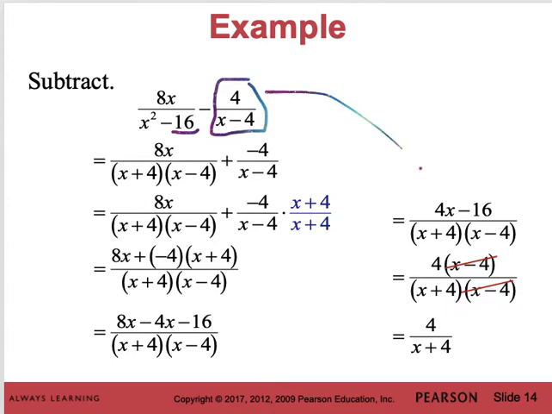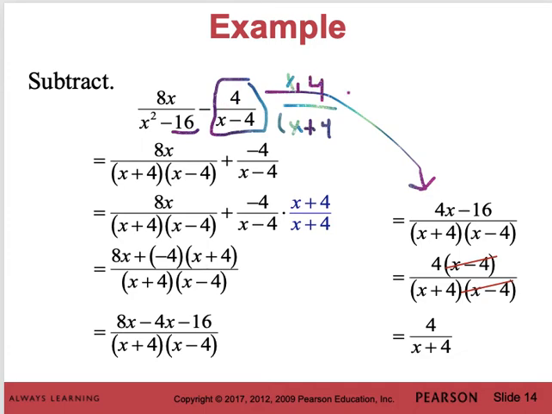So along the side here we can say, well, to get that to be written over the least common denominator, we'd have to also multiply by x plus 4. And not just in the denominator, but in the numerator. So that's what we're doing over here.